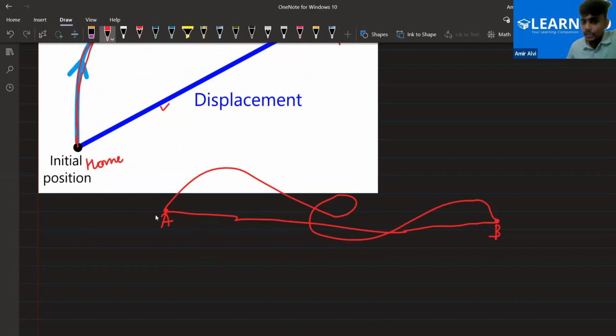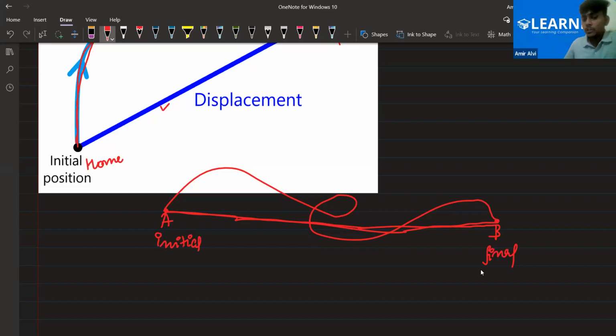So if you are there at A and you wanted to go to B with the shortest amount of distance, that would be a straight line connecting these points. Displacement is the shortest path between the initial and final point. Clear, Javeriya and Chakrika? Yes, sir.